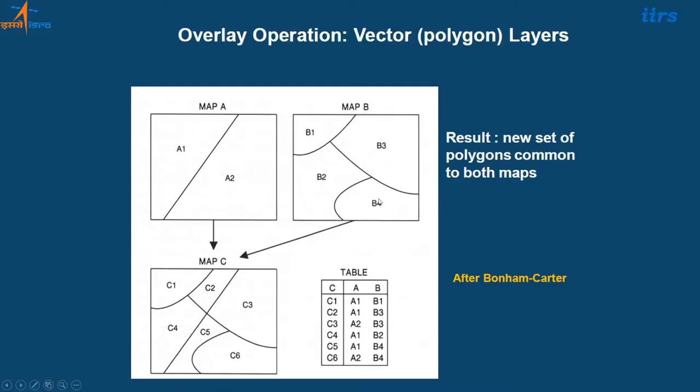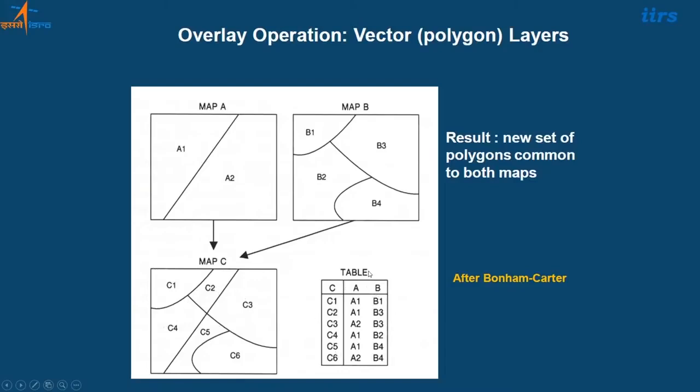If I am doing the union of these 2 maps, I will get this kind of map. If you see, the geometry is changed. Now I will have some new features over here, like C1, C2, C4, C5, and C8. The corresponding attribute table will look like this.